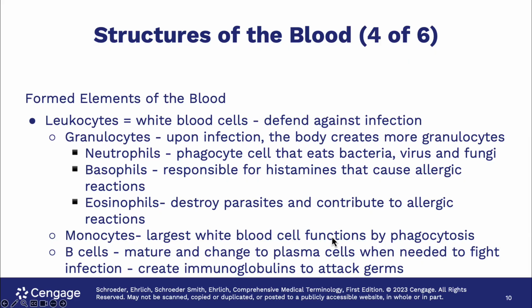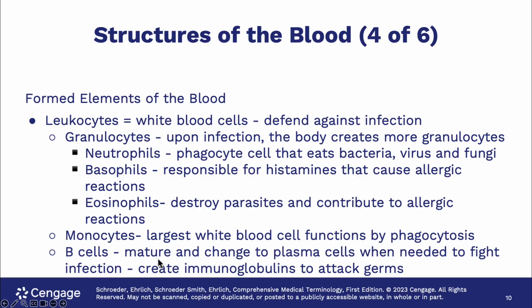We have leukocytes. And the larger ones of those, granulocytes, are ones that are produced upon infection. These include neutrophils, basophils, and eosinophils. You have monocytes, which are the very large ones, and they function by what's called phagocytosis, which is breaking down the cells of things that they're trying to break down, such as bacteria.